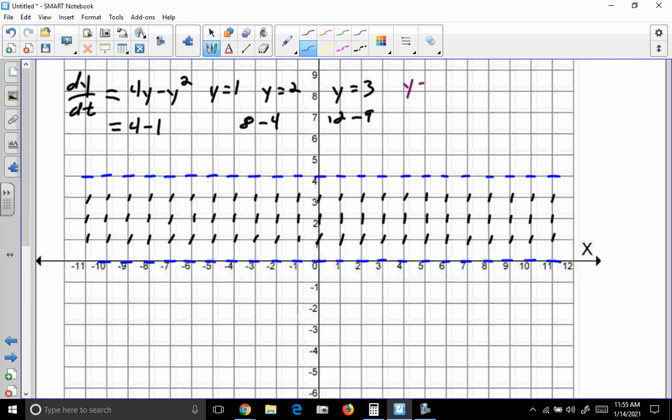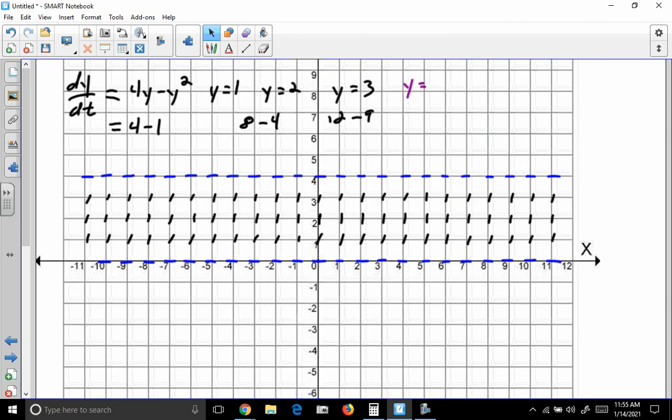So let's do 5. When y is 5, we have 4 times 5 minus 5 squared. So that's a slope of negative 5. So that's pretty steep. And it's negative, so it's going down. Lots of little dashes.